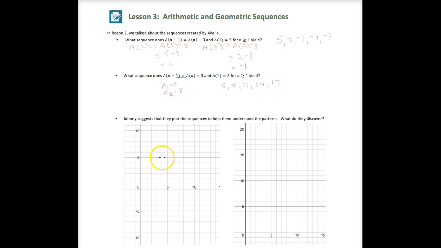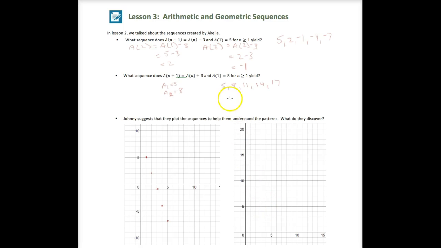So now we take a look and see what they discovered. The a sub 1 term, the first term of this sequence, is 5. Then the next one is 2, down to negative 1, on down to negative 4, and then to negative 7.